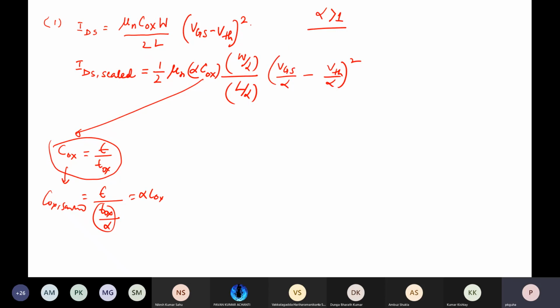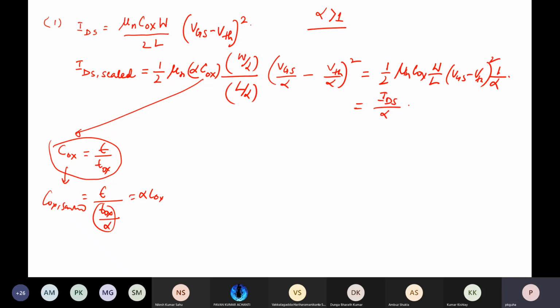If we do that, remove all this alpha and simplify the expression, you will ultimately get that the current is reduced by alpha times due to scaling.